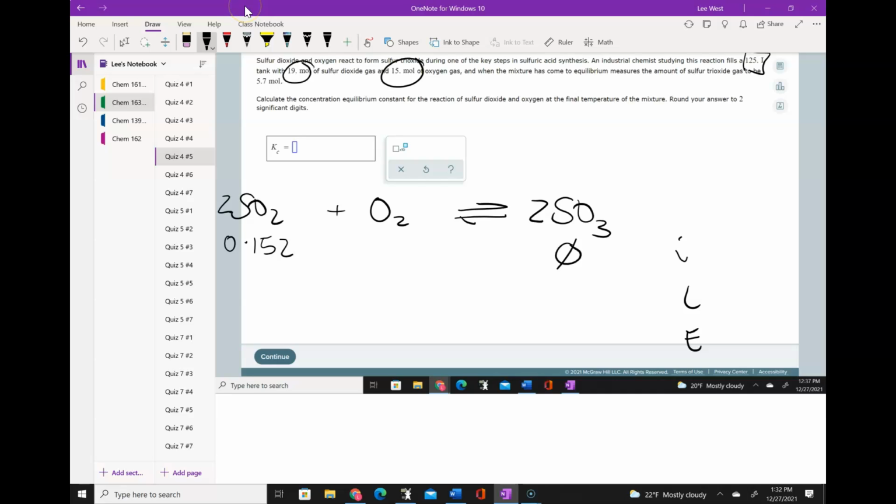If they give you moles and volumes, you know you're going to be working in molarity, most of the time.